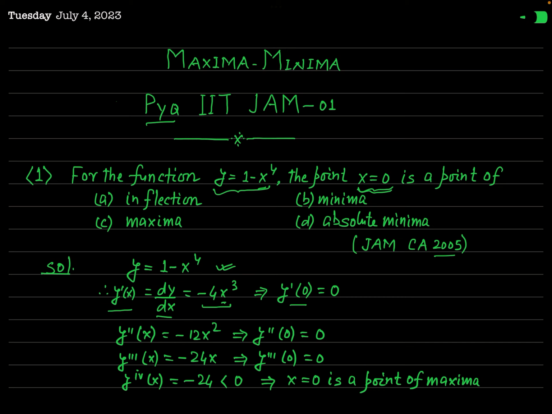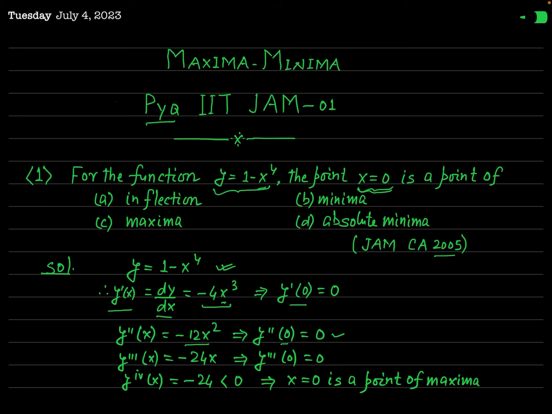Again we will find the second order derivative, y double dash of x, and that will be simply minus 12x square. If we find the value of y double dash at x equal to 0, that will also be 0, because x is 0 here.